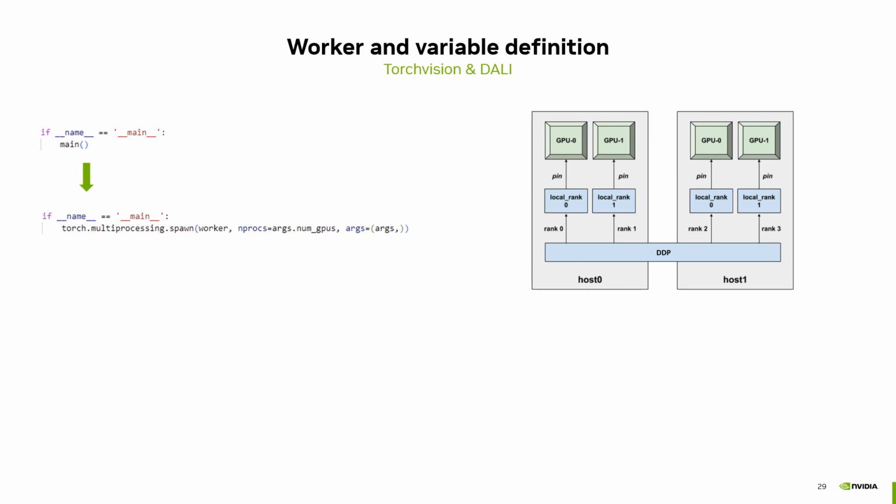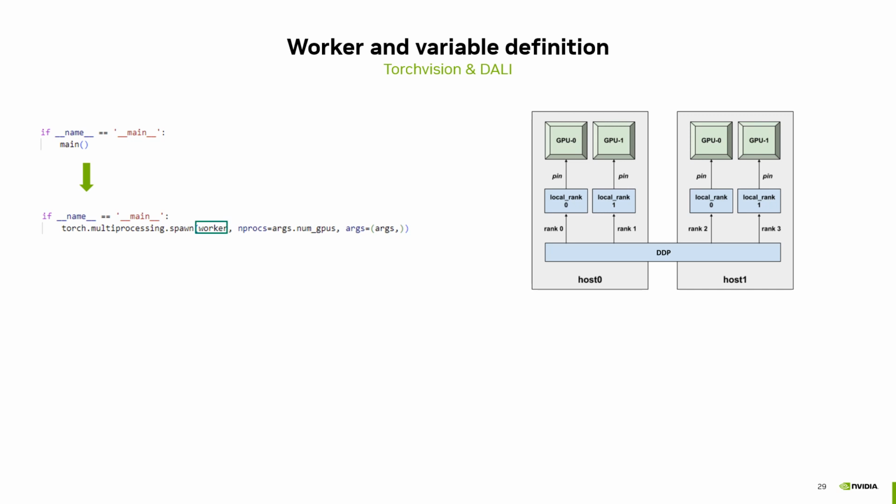So in our main function, we say, please launch as many workers as GPUs we have available. Spawn takes worker, which is a function that we'll see now that will be defining the different variables and calling the training functions. Then it says how many processes we want to launch, in this case as many GPUs as we have available per node, and finally the arguments that we will need for our training, which come from the parser.